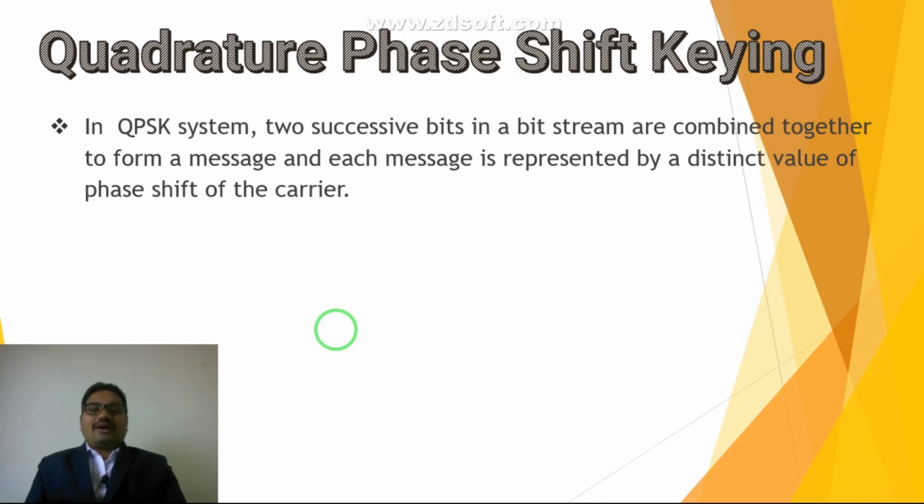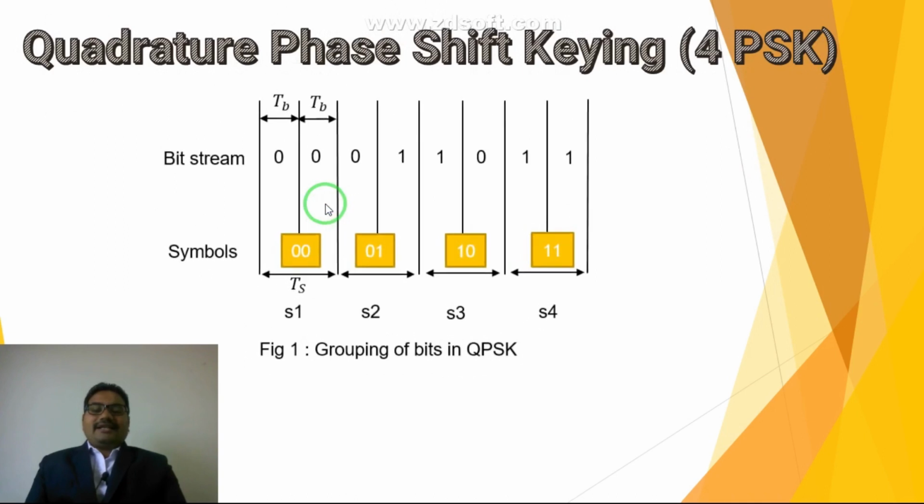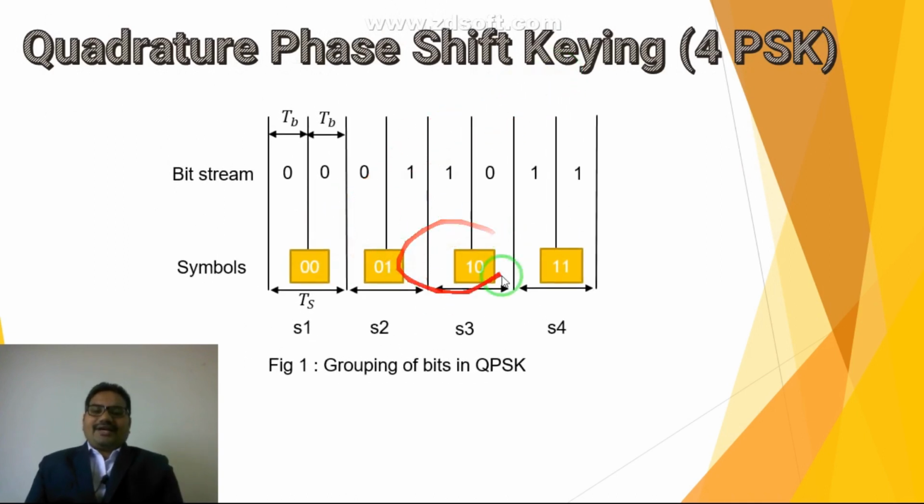In QPSK, that is quadrature phase shift keying, two successive bits in a bit stream are combined together to form a message, and each message is represented by a distinct value of the phase shift of the carrier. You can get a clear idea from this diagram. In this diagram, you would come to know that there are 4 symbols: S1, S2, S3 and S4.